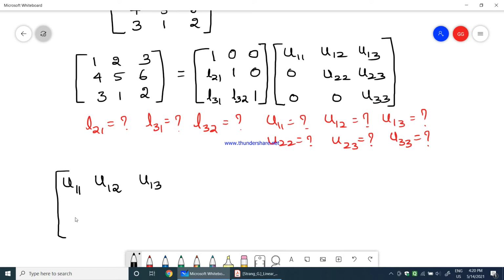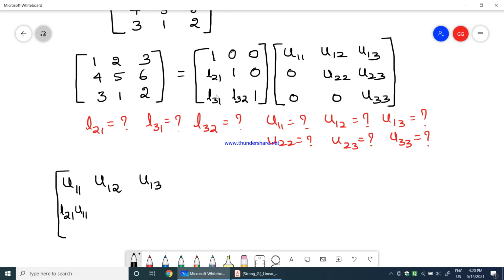Now coming to the next row, L21 into U11. Then L21 into U11 plus 1 into 0 plus 0 into 0, so it is 0. Therefore you are left with only L21 into U11.